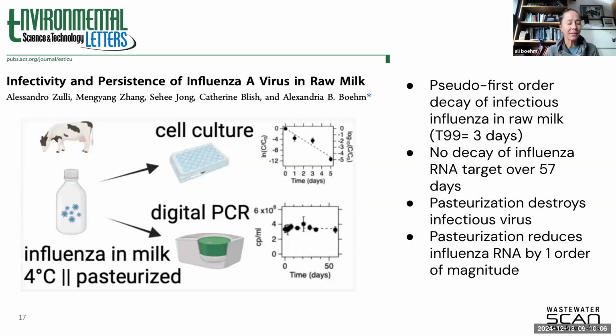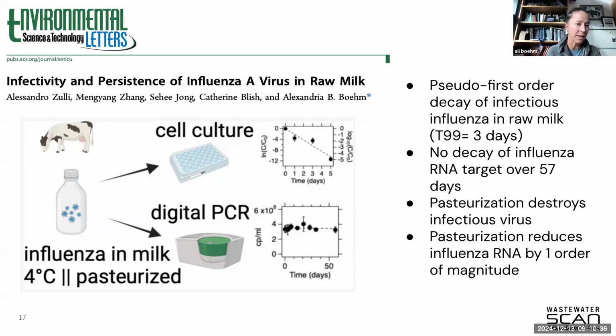This is, I think, the last slide that I'm presenting today, and then I'm going to pass it off to Marlene, and then Marlene will pass it to Amanda. But I wanted to briefly describe the results of our research on infectivity and persistence of influenza A in raw milk. We collected raw milk from an actual farm in California and seeded it with H1N1, which is a surrogate for H5N1.